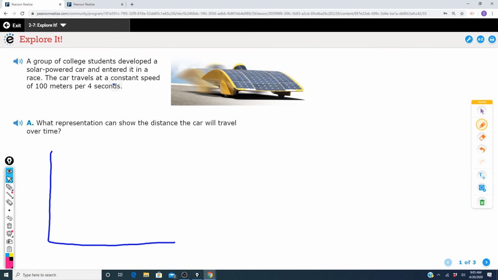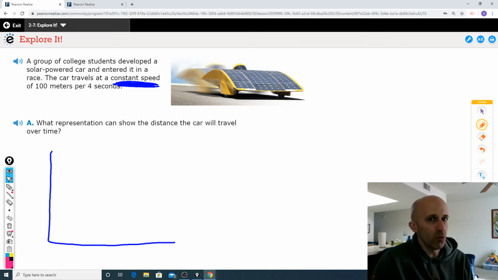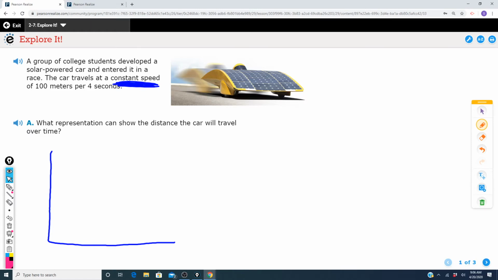The reason I have underlined constant speed 4,000 times right here is because you want to find out first what's the rate of that car that's traveling here. How many meters per 1 second is it traveling?